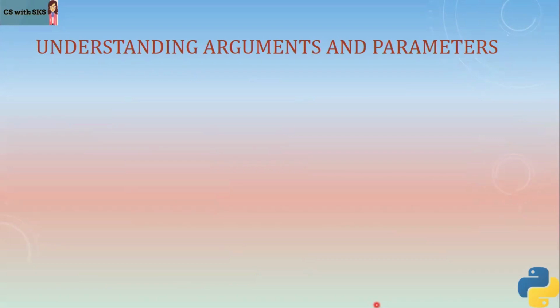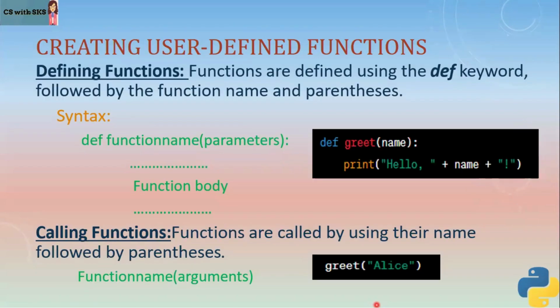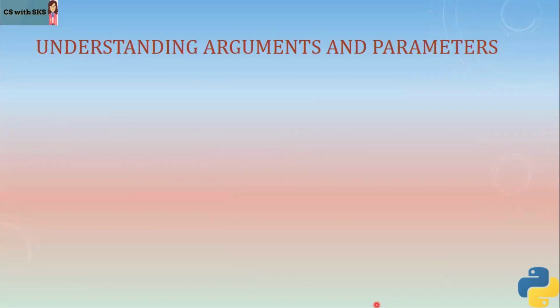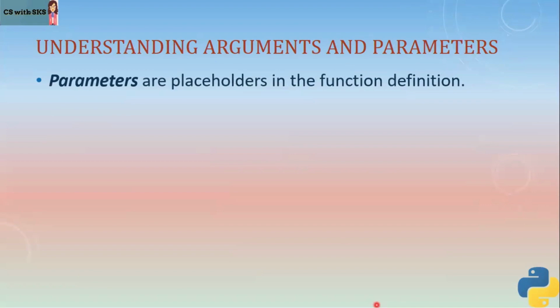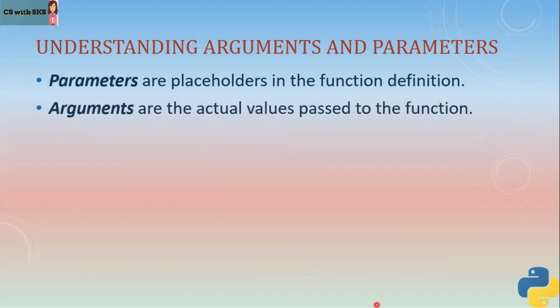Next, let's understand arguments and parameters in detail. As you have seen, there are parameters in the definition and there are arguments in the call of the function, right? So let's understand. Parameters are basically placeholders in the function definition, and arguments are the actual values passed to the functions.